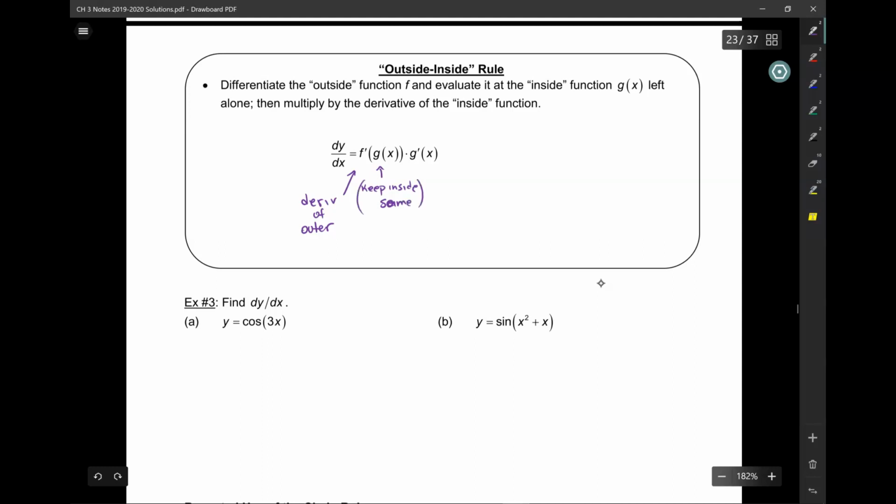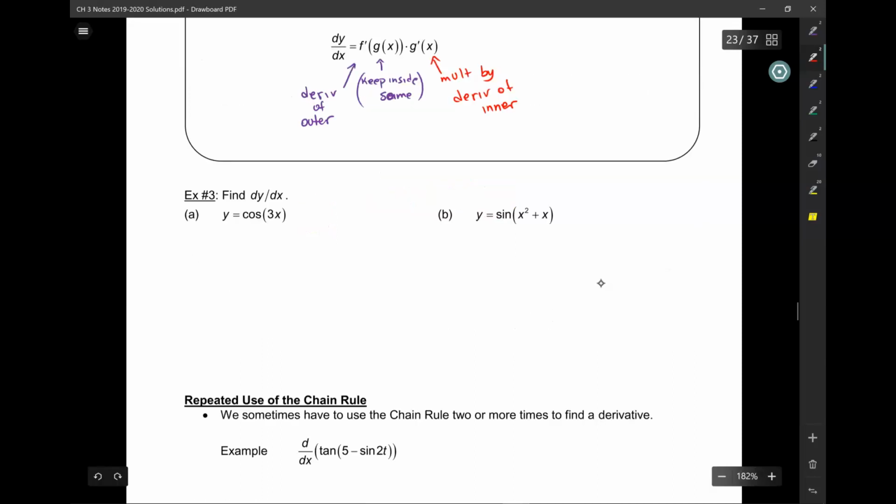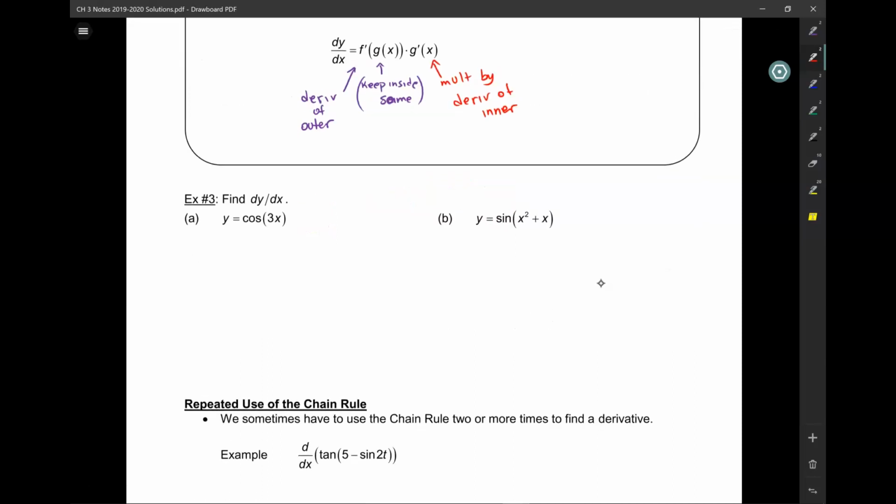And then multiply by the derivative of the inside. So the derivative is f prime of x when x is equal to the inner function. So it's f prime of g of x, because you're saying you want the instantaneous slope at that function.